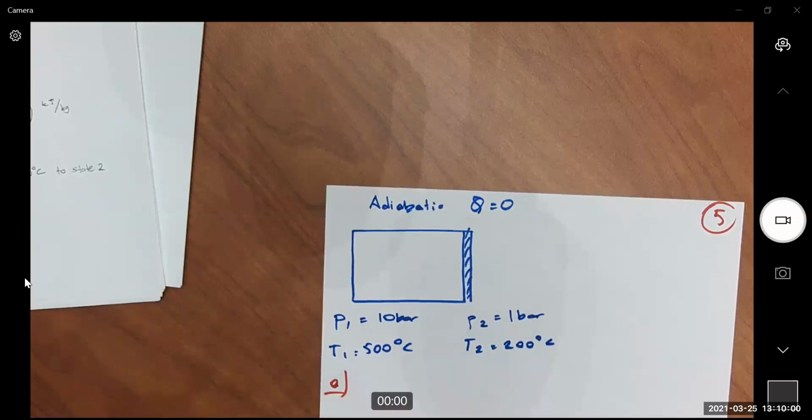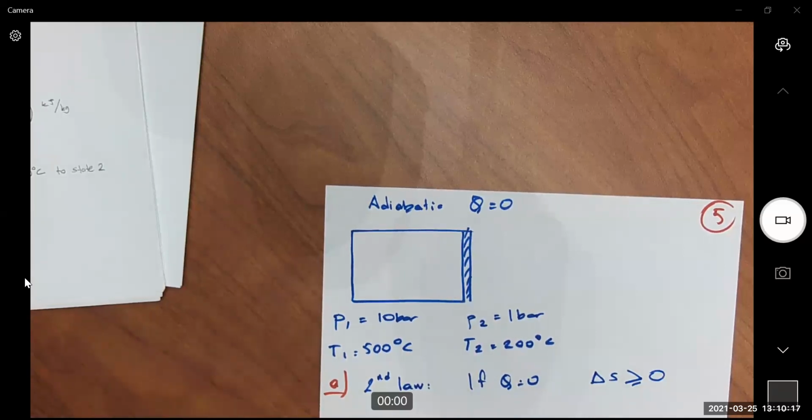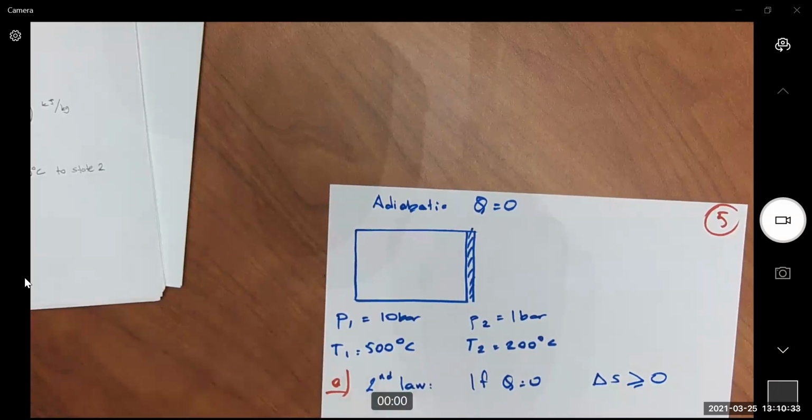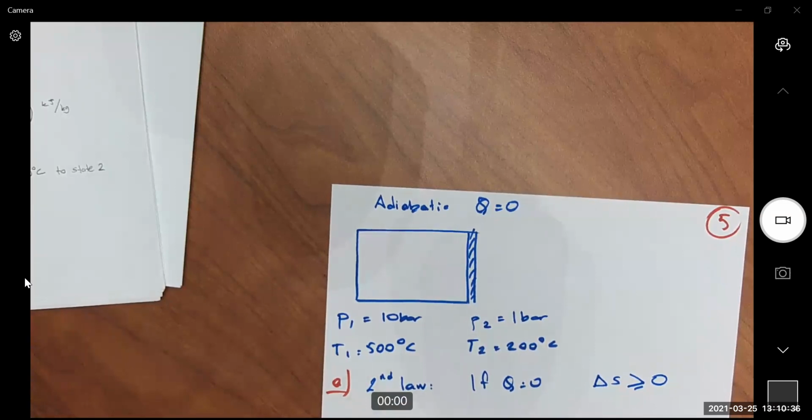To verify the second law first, case A. For second law, if Q is 0, delta S is bigger than or equal to 0, at minimum in this case. So I need to check my entropy from state 1 to state 2. I can find my properties at state 1 and state 2 because I know the pressure and temperature, correct?